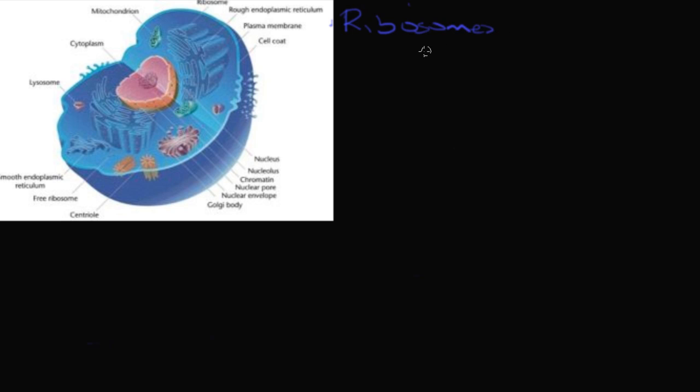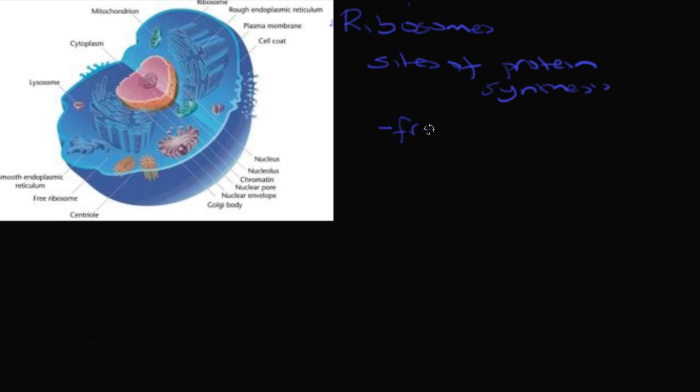Ribosomes are next, and ribosomes are the sites of protein synthesis. And there's two types.